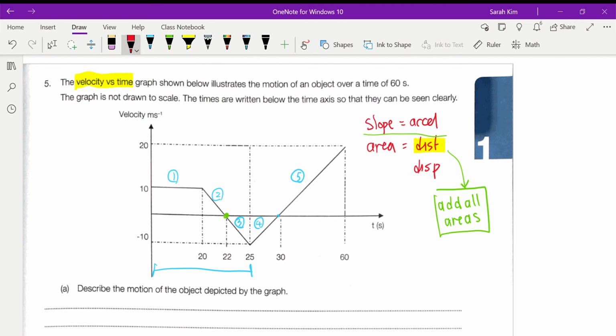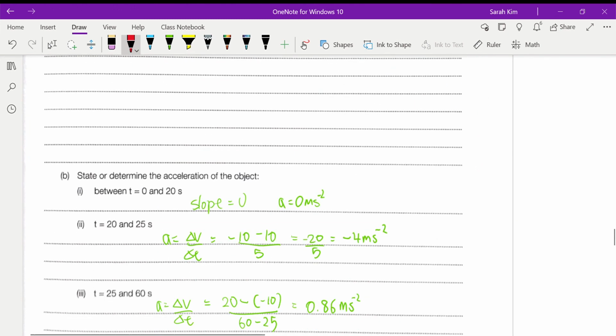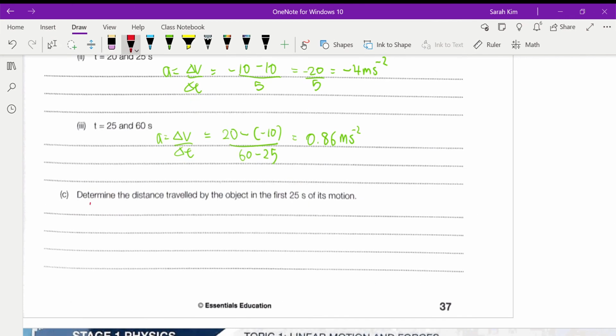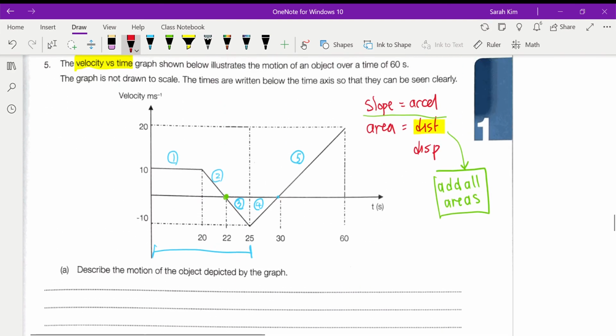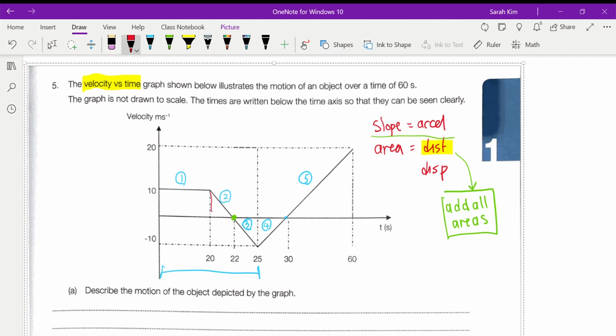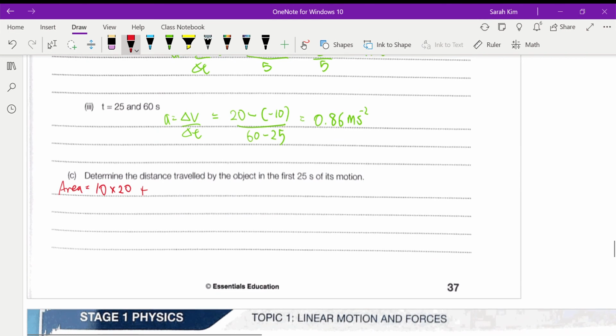So what I'm going to do is just write what it is. So section 1 is 10 by 20 seconds. So I'm going to write area, plus the second section, which is just that section there, which is 10 by 2 seconds.